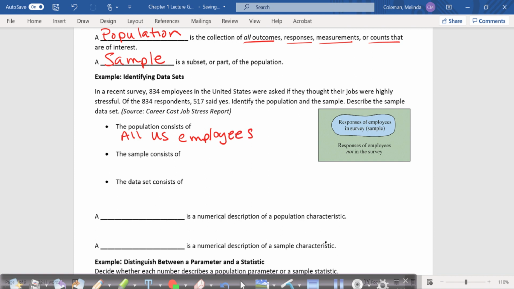That's all of the employees. The sample consists of the 834 employees who answered the survey. So the sample is the 834 who responded to the survey.